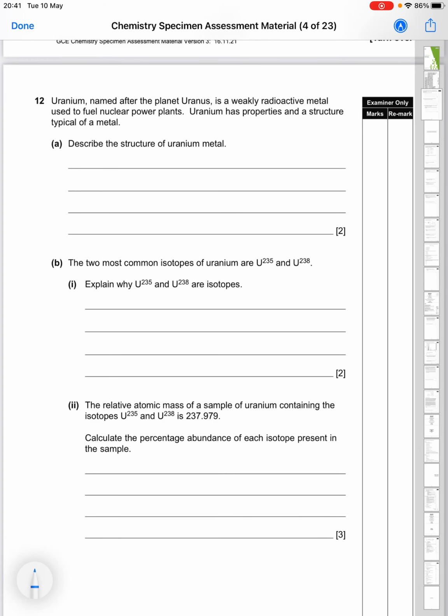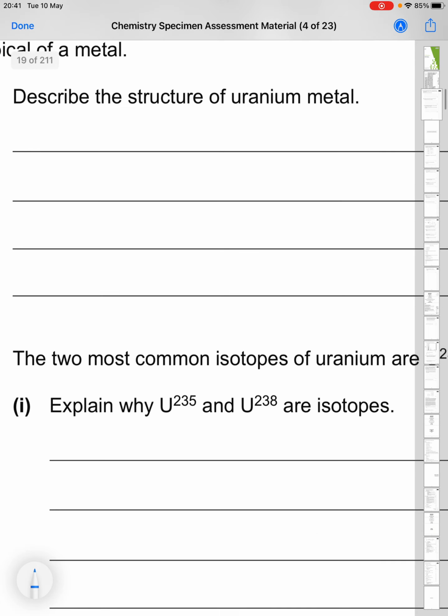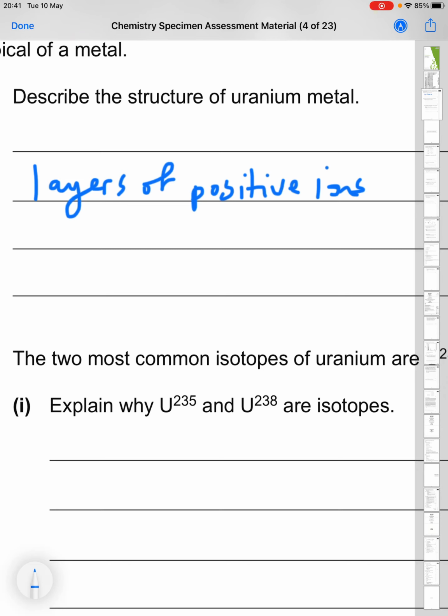Okay, question 12. Uranium, named after Uranus, is a weakly radioactive metal used to fuel nuclear power plants. It has properties and a structure typical of a metal. Describe the structure of uranium metal, which is the same as any metal. So they're looking for, then there are layers of positive ions.